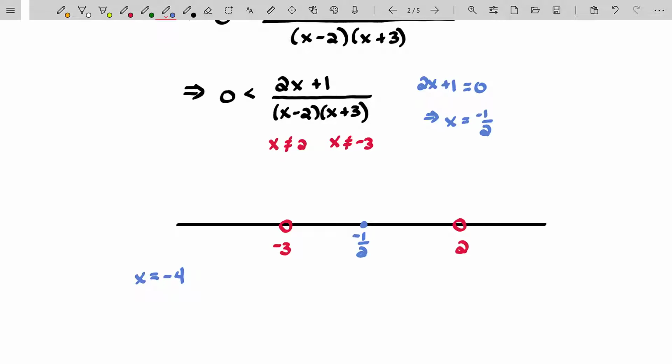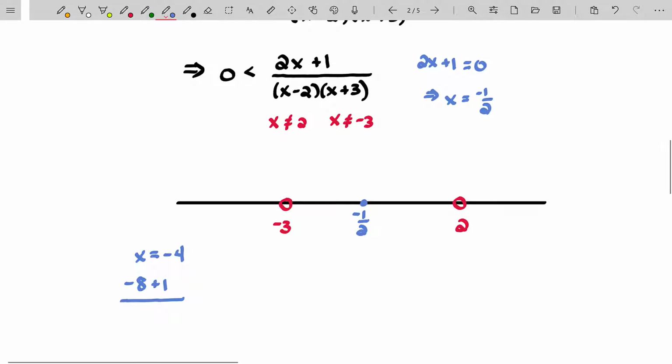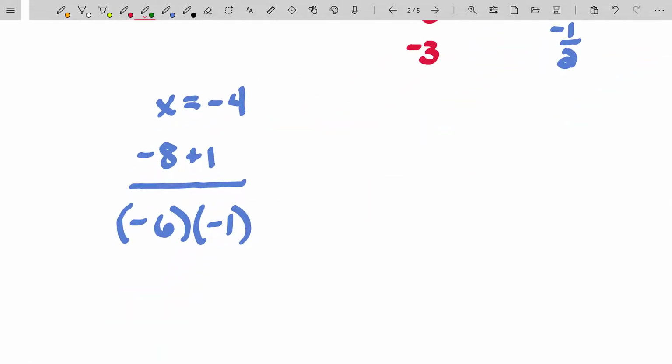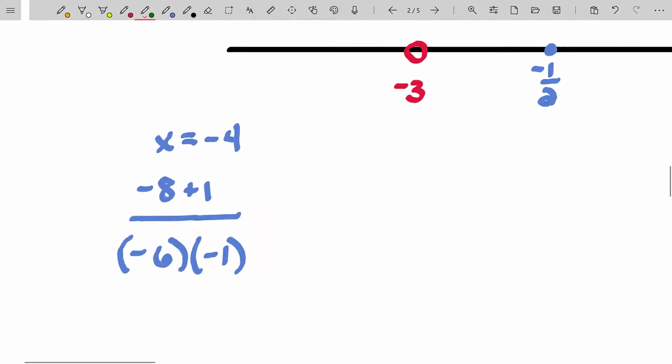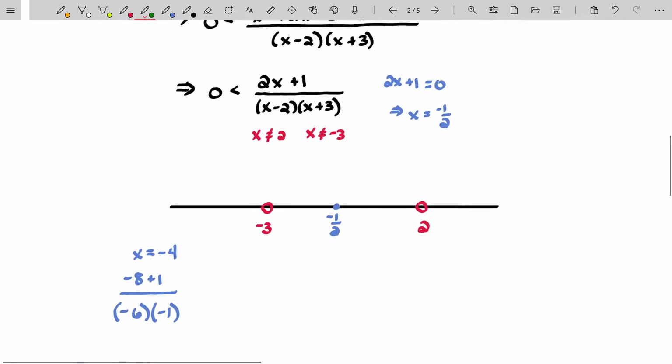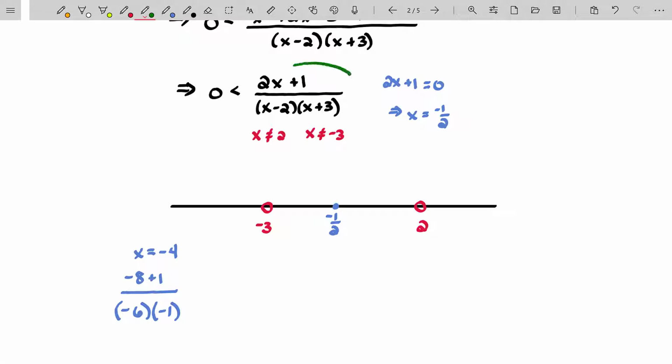Our fraction would become negative 8 plus 1 over, let's see, we're plugging in negative 4, so over a negative 4 minus 2, which is a negative 6, and a negative 4 plus 3, which is a negative 1. Now taking a look at the mathematics here, negative 8 plus 1 is negative 7, divided by a positive 6. That fraction is going to be negative when I choose any x value less than negative 3. Well, we don't want our fraction to be negative, we want it to be positive. So this interval from negative infinity up to negative 3 is not going to work.